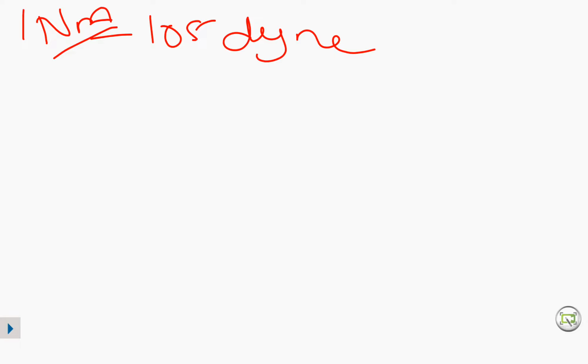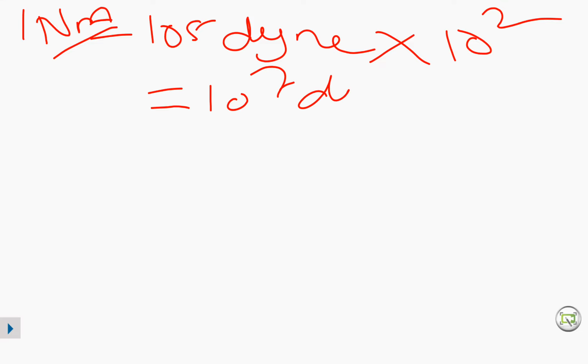If you want to convert this into centimeter, meter has to be converted into centimeter, so you have to multiply by 100. 1 meter is equal to 100 centimeter. So finally it will come to 10 power 7 dyne centimeter. So this is the relation between dyne and Newton.